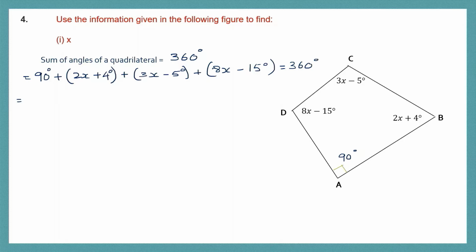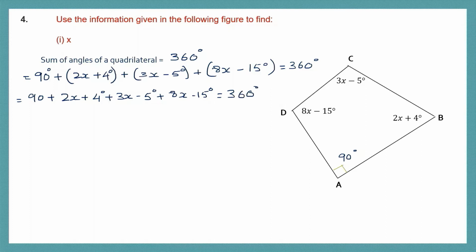So let's start. 90 plus, we'll open all the brackets, 2x plus 4 degrees. Then the next one is 3x minus 5 degrees. Open the other brackets, 8x minus 15 degrees. This is equal to 360 degrees.